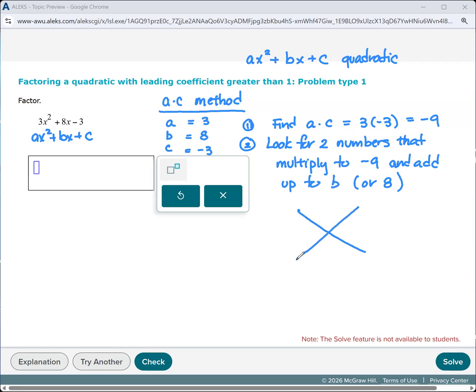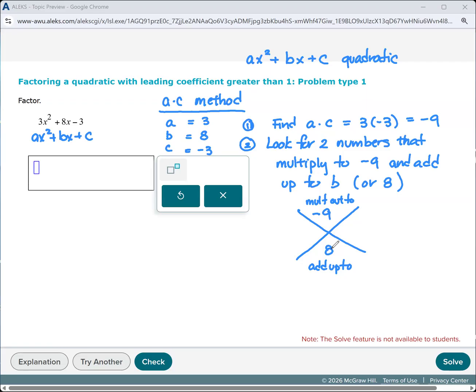I used a little X here, which helps me sort out what the two numbers are. I have to keep track that the two numbers have to multiply out to negative 9, and they have to add up to positive 8.